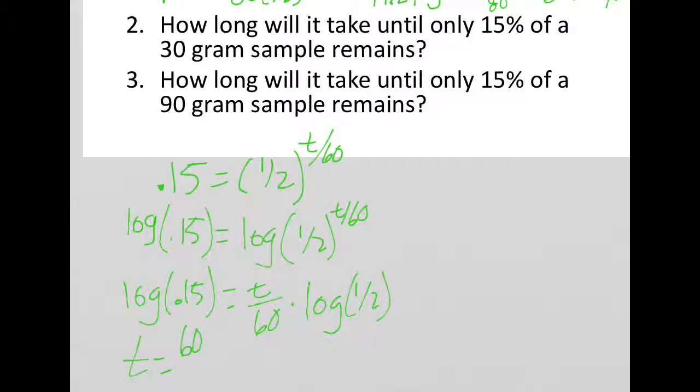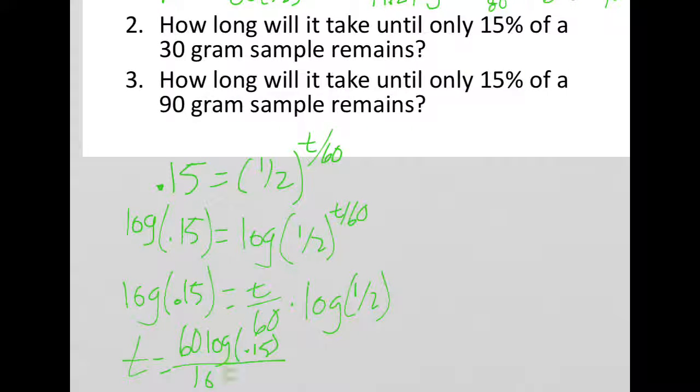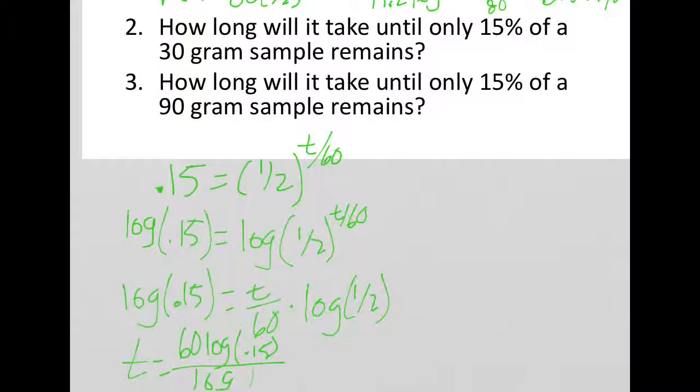So we're going to get t equals 60 log of 0.15 divided by log of 1/2. And plug and chug at this point. And you should get 164.218 days until 30 grams has been reduced to 15% of that.